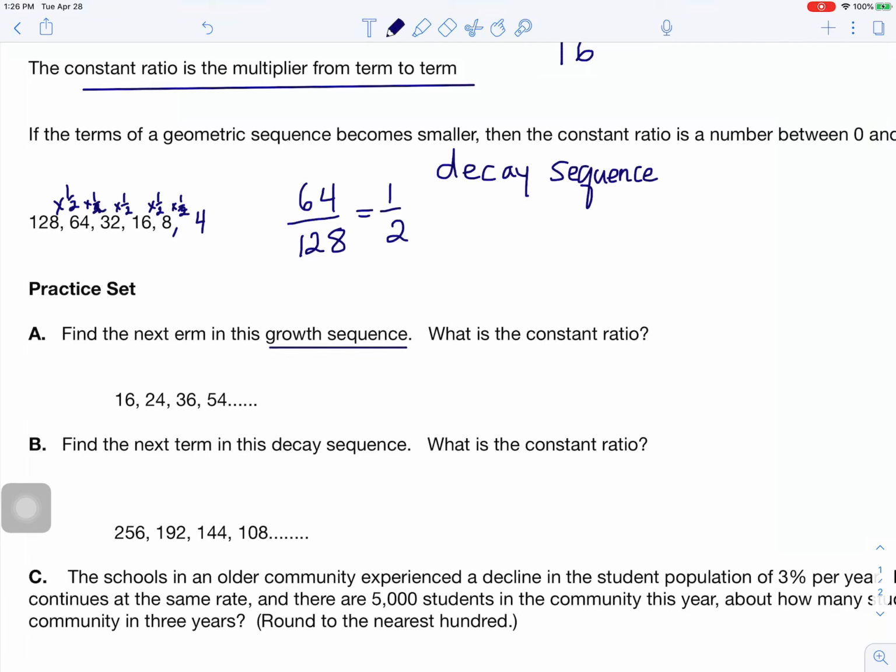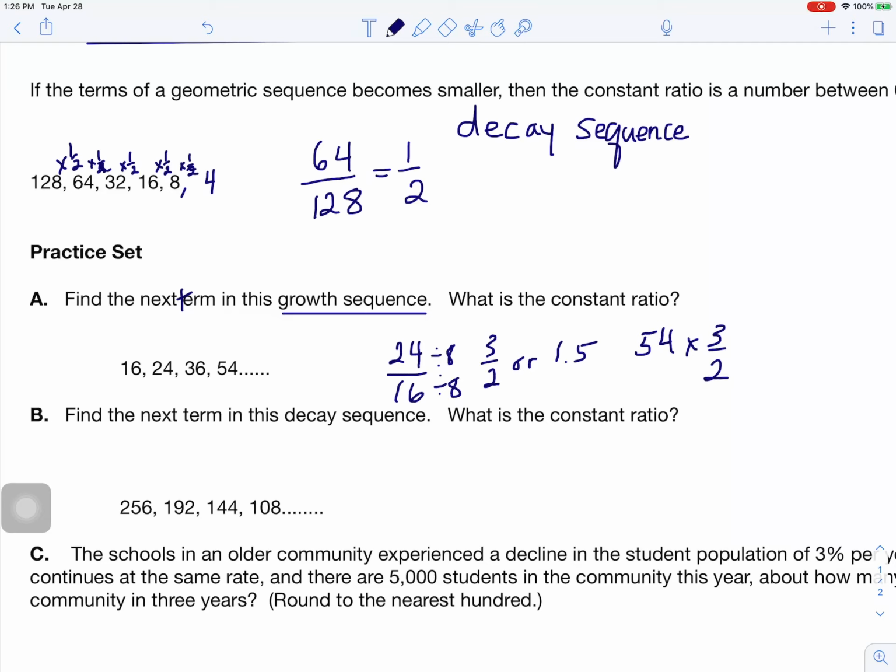So 54 times 3 over 2, that would be easier to do, and I get 27 times 3, and that should give us our next answer, which would be 81.